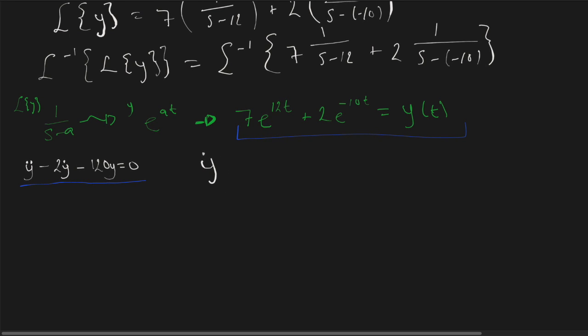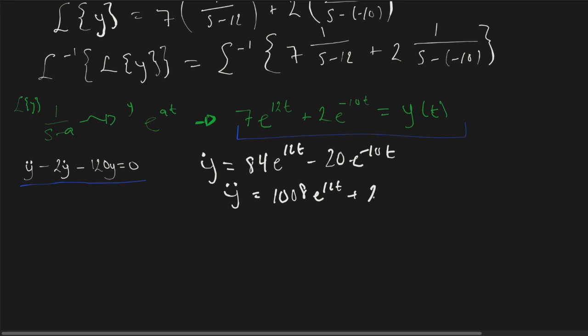We'll get y prime is equal to, let's see, 84 e to the 12t minus 20 e to the minus 10t. And then we'll get y double prime is equal to the derivative of this. I believe that's 1008 e to the 12t plus 200 e to the minus 10t.